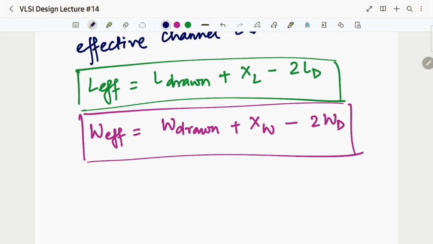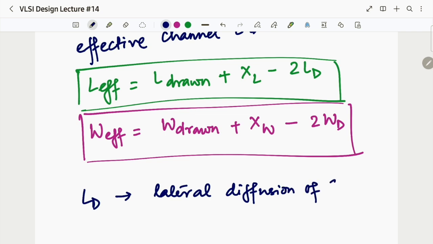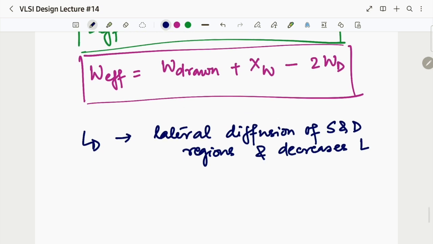wherein LD is the lateral diffusion of source and drain regions, and it decreases whom? It decreases channel length.